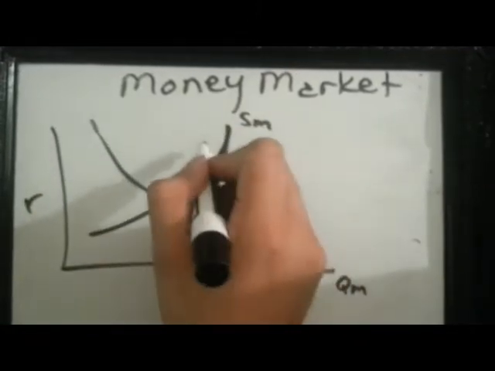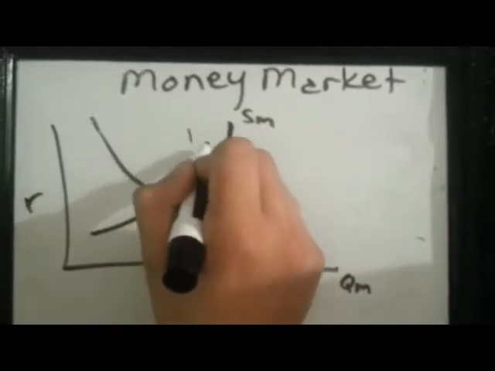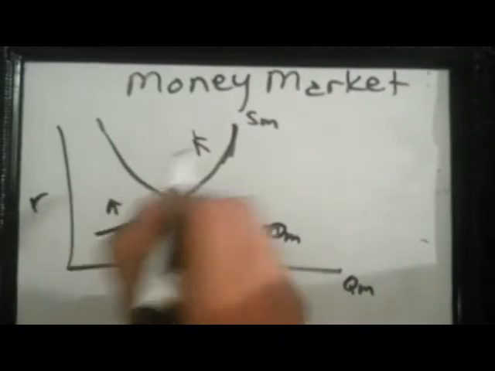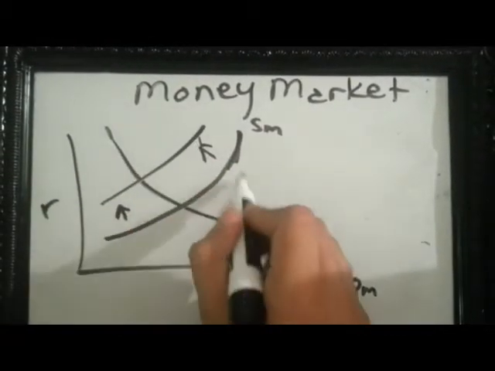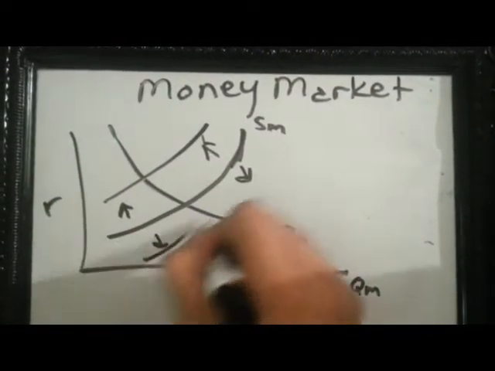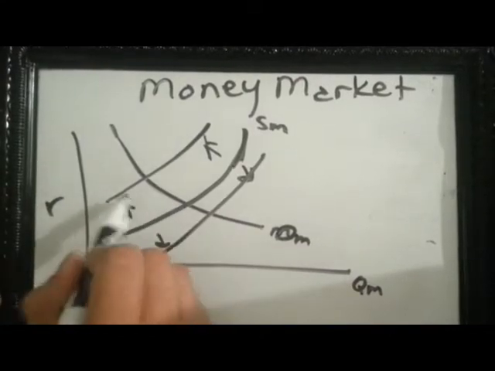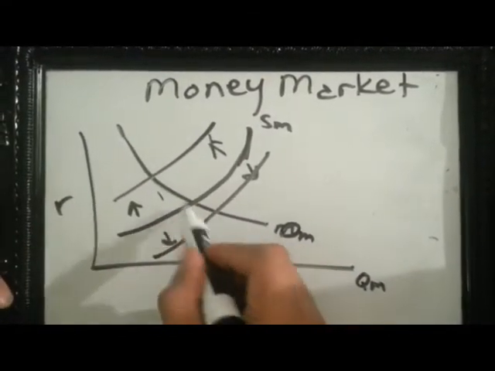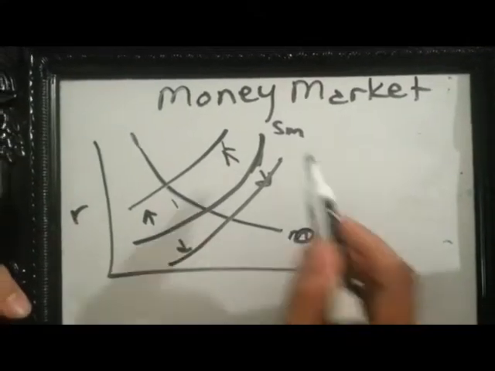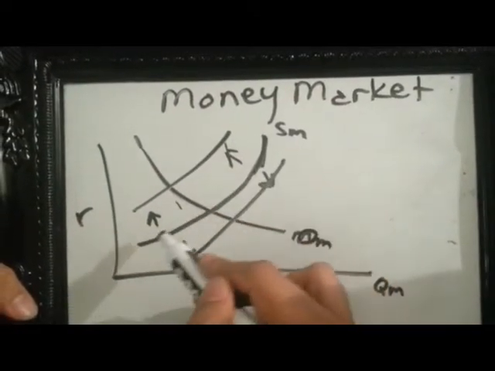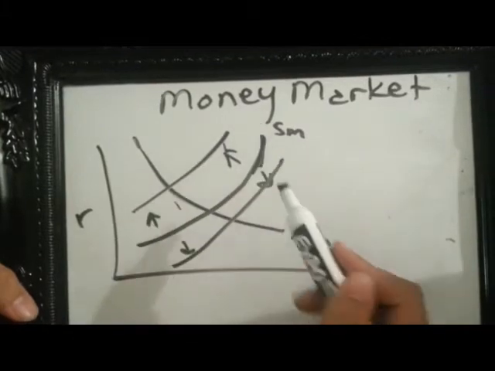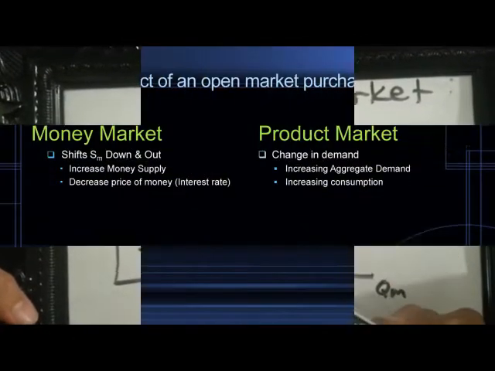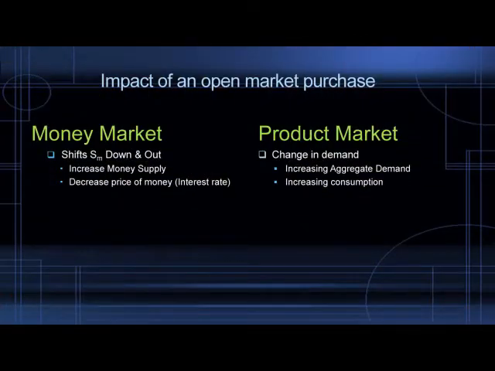Now, this can either shift in, or it can shift out, effectively increasing or decreasing the interest rate by changing the amount of reserves that are available to a bank. Now here's an example of an open market purchase.